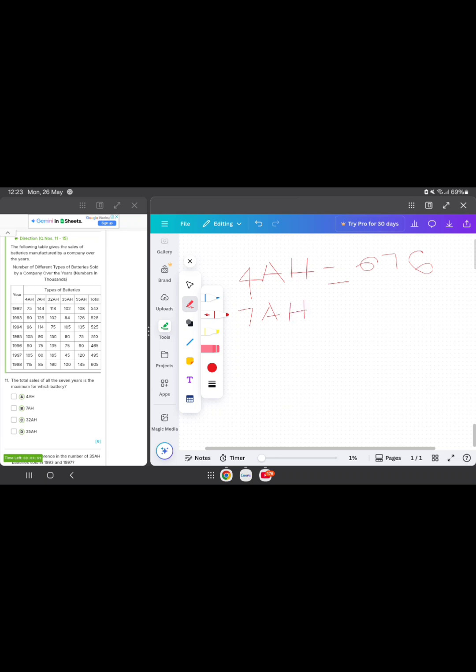I'm just writing all the totals down, because we might need these numbers later. So we have 144 plus 126 plus 114 plus 90 plus 75 plus 60 plus 85, which gives us 694.